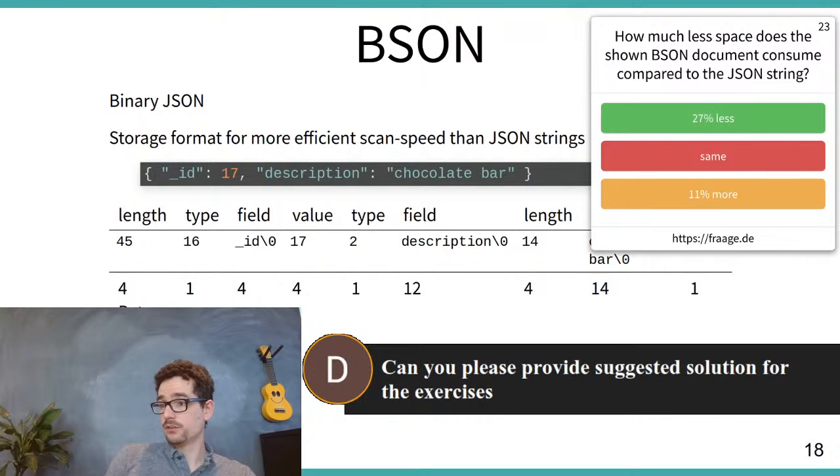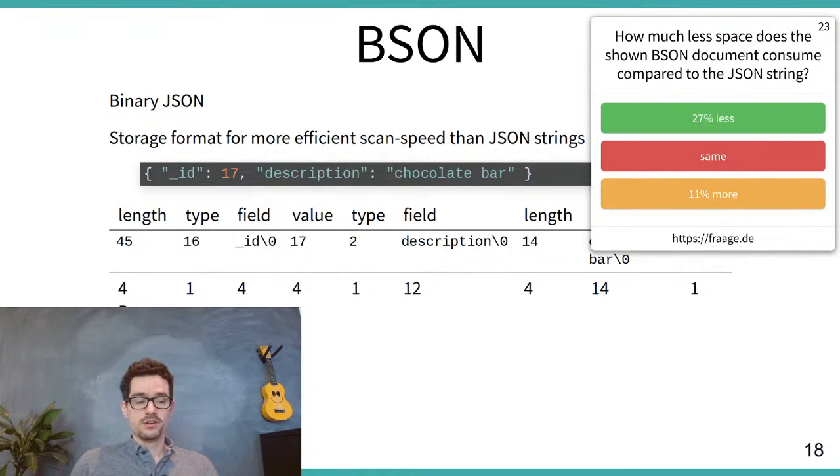Can you please provide suggested solutions for the exercises? The first exercise was just for you to try out how to work with JSON. So there is no solution. And for the other exercises, there are also no real solutions.